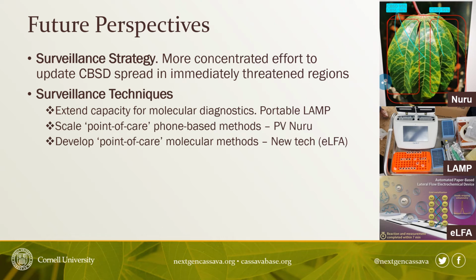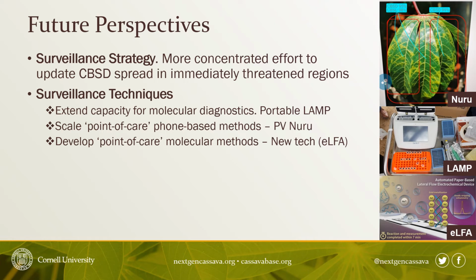As we do that, we can think of deploying some of the new approaches for surveillance that have been developed. So we're thinking here of portable molecular diagnostics, such as LAMP. We're thinking of scaling point-of-care phone-based methods, such as PlantVillage Nuru, which is, as probably most of us know, a smartphone app that can detect symptoms of brown streak disease, and also developing point-of-care molecular methods.